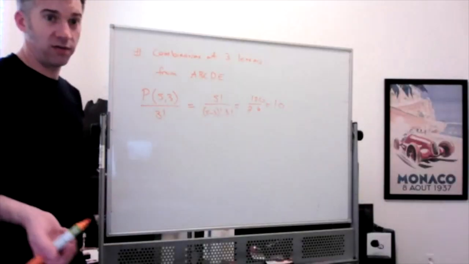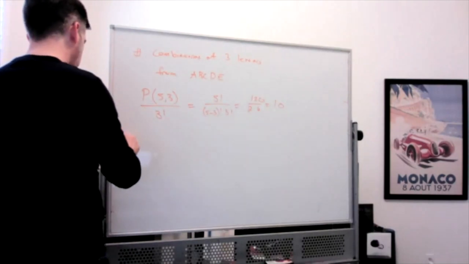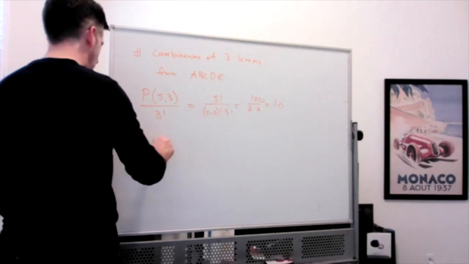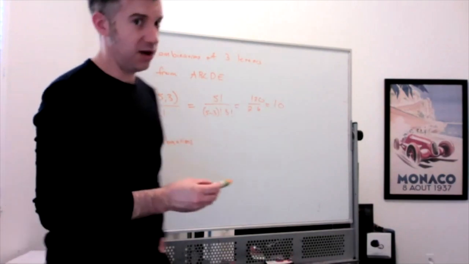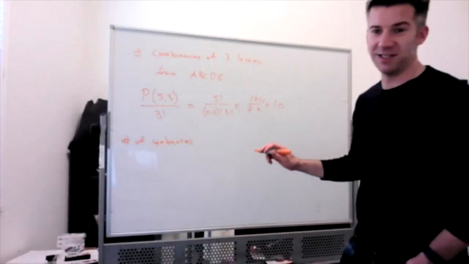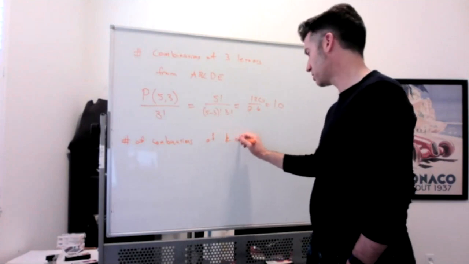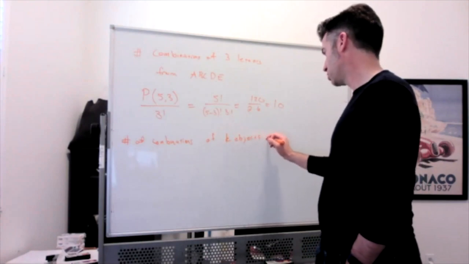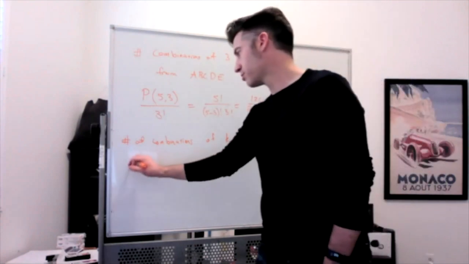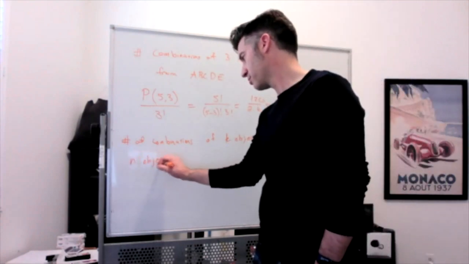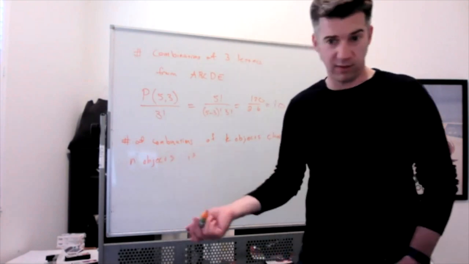So you could think of the number of combinations of, so I should write it out, sorry. So the number of combinations of K objects chosen from N objects is, and there's like 3 different notations for this.